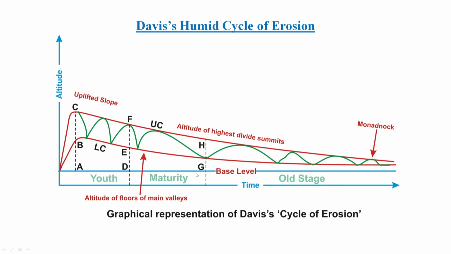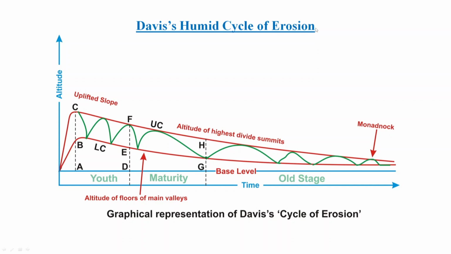In case of maturity, generally it will fall in its altitude, as well as the length of the channels will increase. Finally, in your old stage, the length of the channel, or you can say the sinuosity of the channel, will also increase, leading to an old stage of this river.